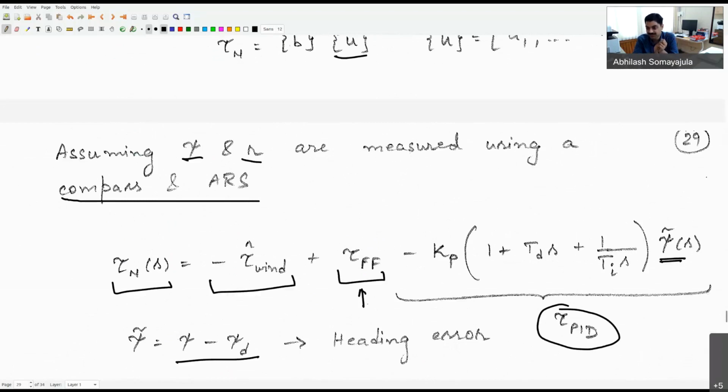We are presuming that we precisely know the heading angle and we precisely know the yaw rates of the actual system. So only when I know them, I can do the feedback. Otherwise, how can I do the feedback, right? So assuming that I know these, we have talked about the control system and the guidance system, how they can work together to make sure that the heading is tracking a desired heading that I want to track. But I can now try to go a step further.